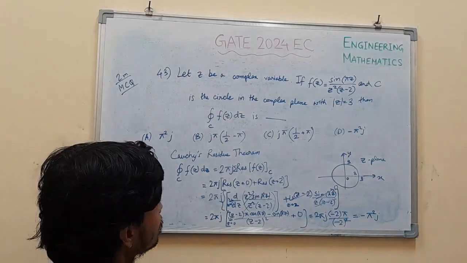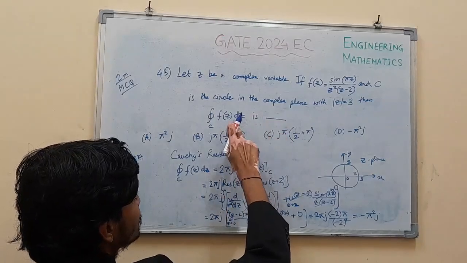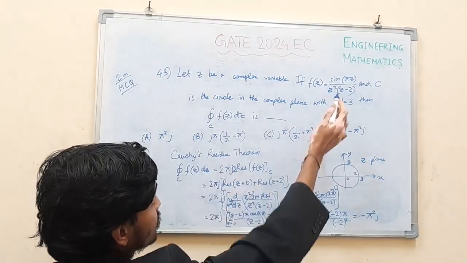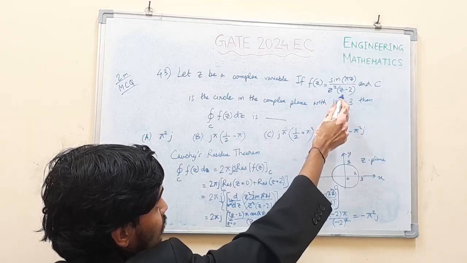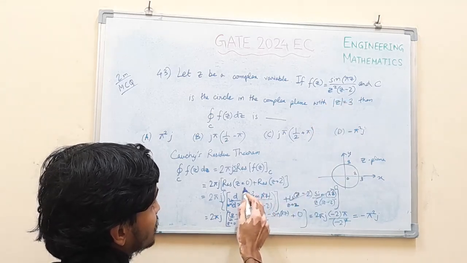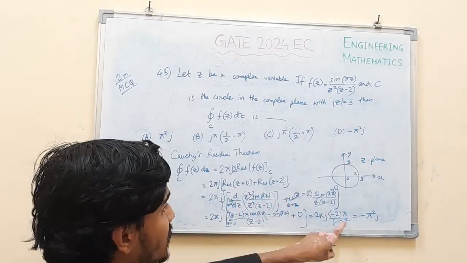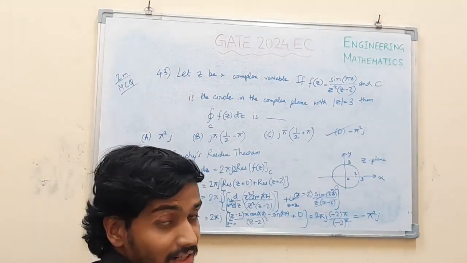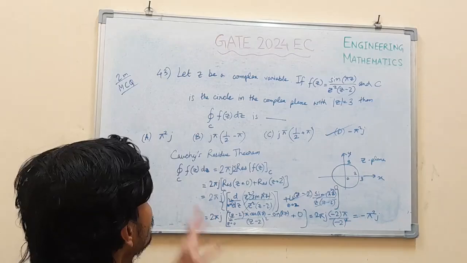So basically, we have got the value of this integral using Cauchy's residue theorem, following the steps of finding the residue for a pole of order 2 and a simple pole of order 1 at z equal to 0 and 2 respectively, and simplified and got the answer minus pi square j. This is option D. So the correct answer for this question is option D, minus pi square j.